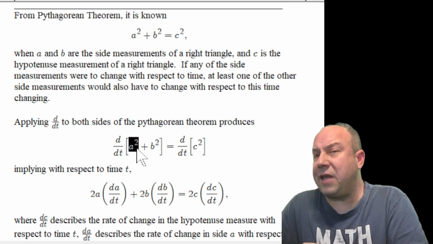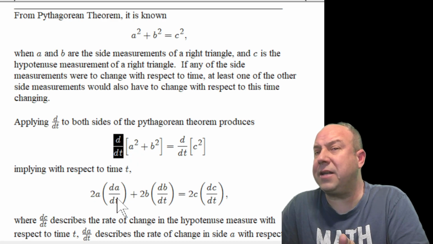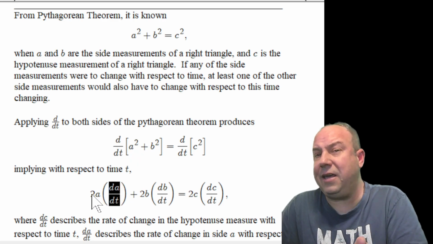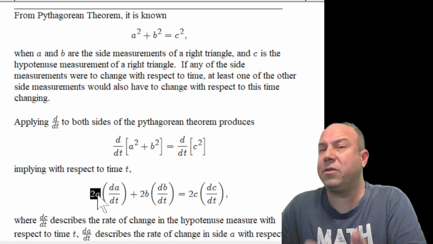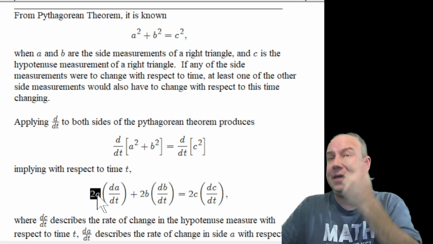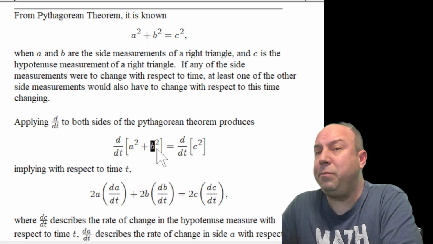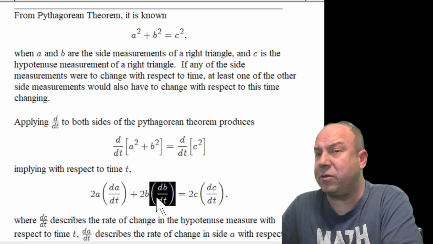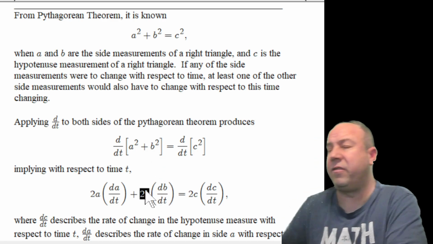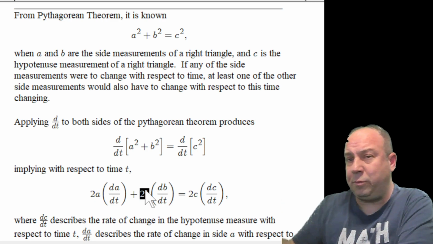And we saw, like above, when applied to a squared, it's going to become the derivative with respect to t for a times the derivative of a with respect to a, which would be 2a. When applied to b squared, it'll be the derivative of b with respect to t times the derivative of b with respect to b, which would be 2b.